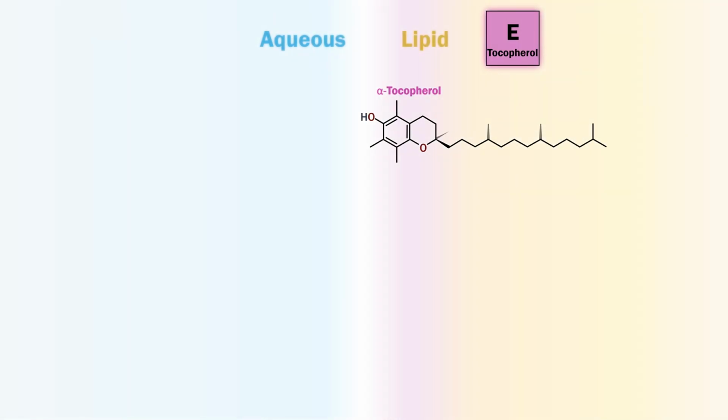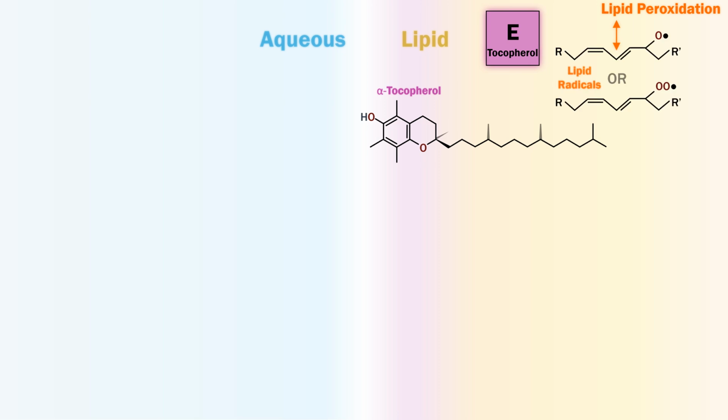Let's look at a free radical scavenger, another essential nutrient, vitamin E, in this case alpha tocopherol. As you can see, it has a somewhat polar head and a lipophilic tail similar to a fatty acid or a phospholipid and sits within lipid membranes throughout the body. Vitamin E has one major role, which is to terminate lipid radical chain reactions.